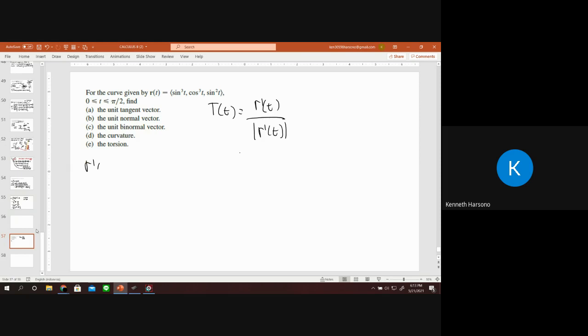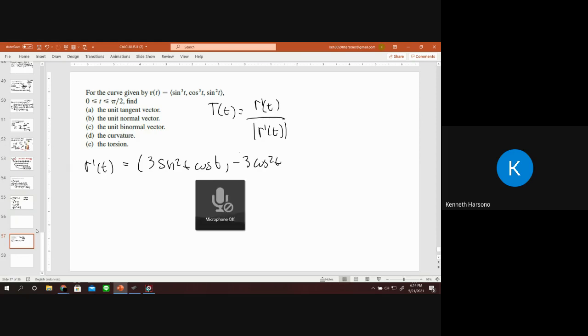And the r prime t here is 3 sin squared t cos t, minus 3 cos squared t sin t, and 2 sin t cos t.